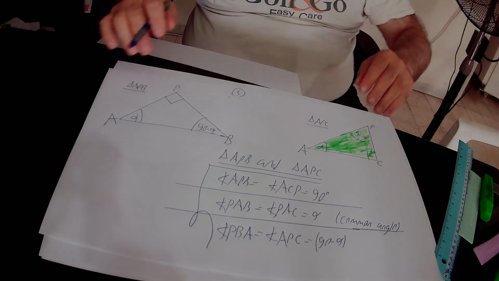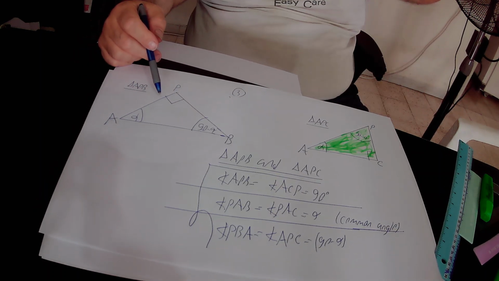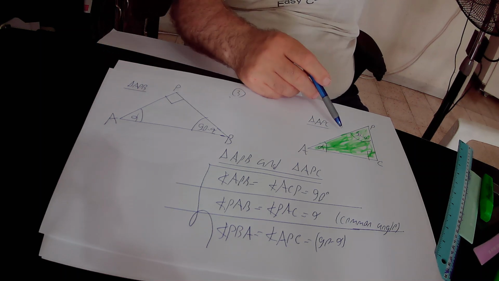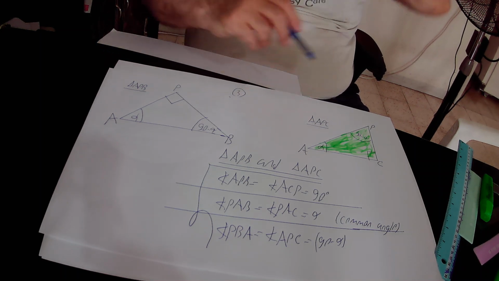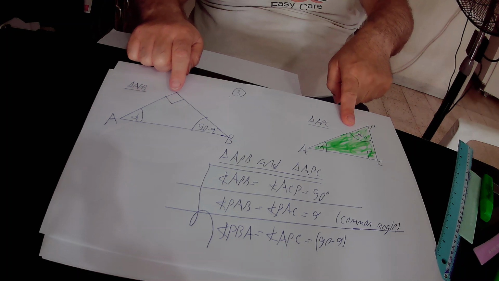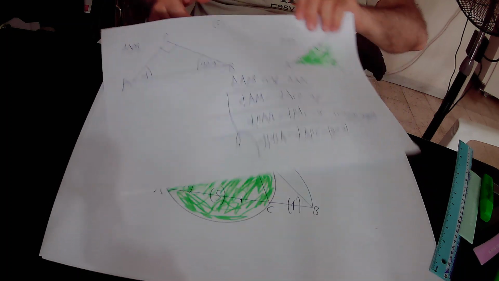So we actually proved that all the angles in this right triangle APB are correspondingly equal to all the angles in this green triangle APC. Therefore, those two right triangles are similar to each other according to the angle similarity rule. So I write it down.